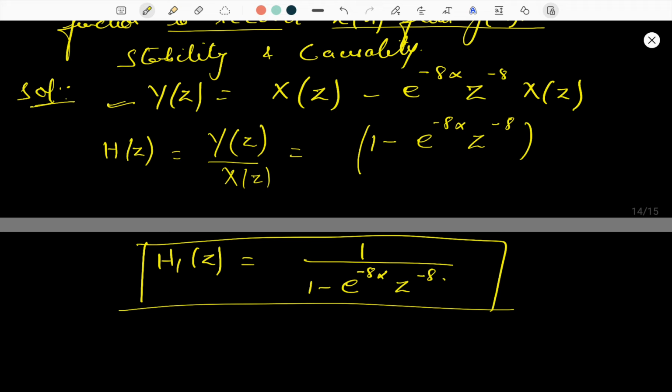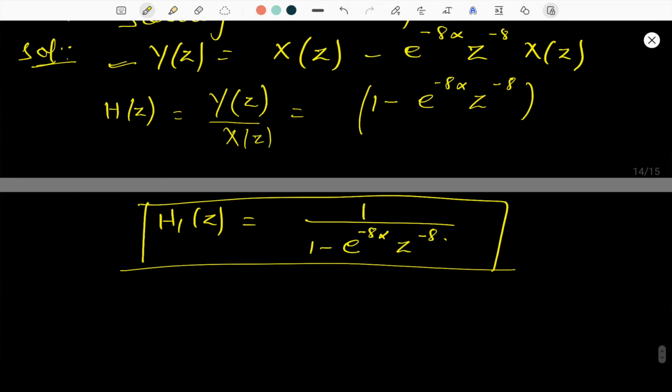All right, so it is calculated from here that this system is both stable and causal. Why? Since all the poles of the system H1(z) are inside the unit circle.